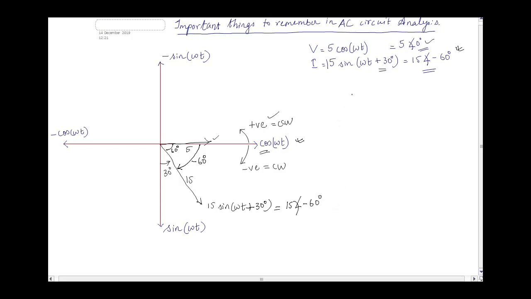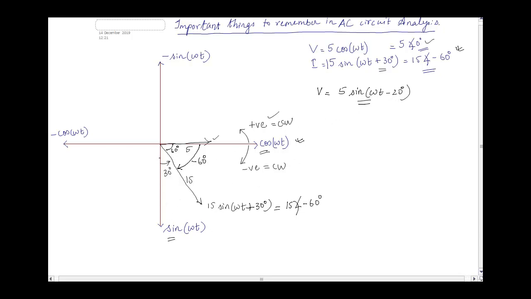Let's talk about another case wherein, let's say voltage is equal to 5 sine omega t minus 20 degrees, then in that case how will I write it? So sine omega t minus 20, so sine omega t is this one.